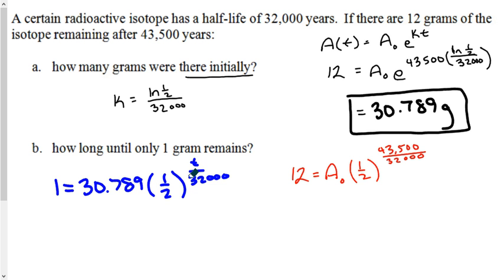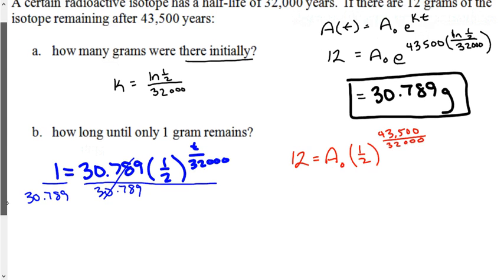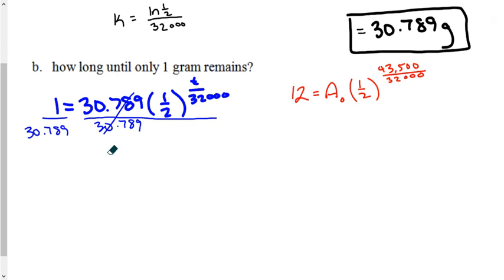And then the first thing that we'll probably want to do is divide both sides by 30.789. So we'll divide the left side and the right side by 30.789. Okay. And then we're going to work on probably taking the natural log, and that's just so that we can move that exponent out.